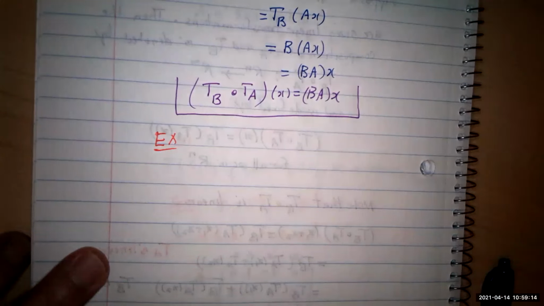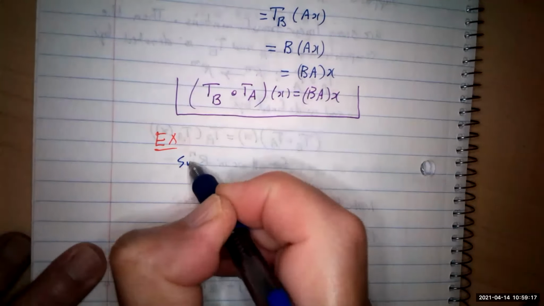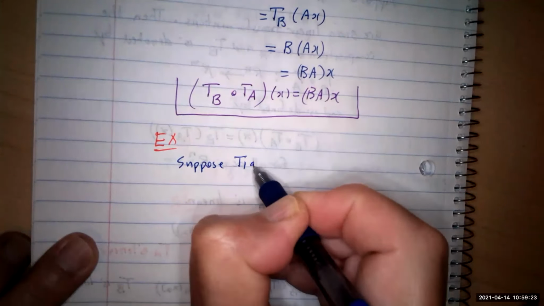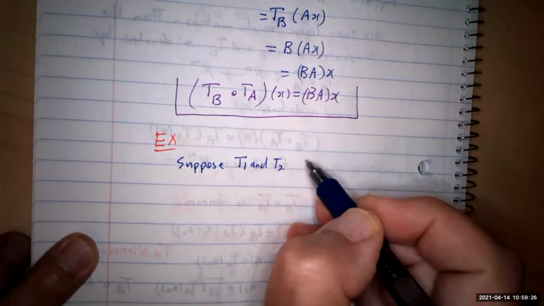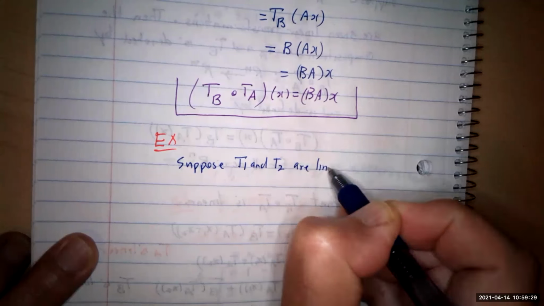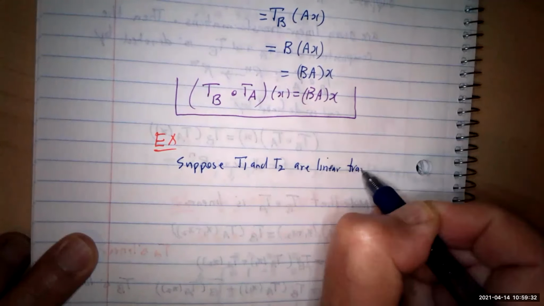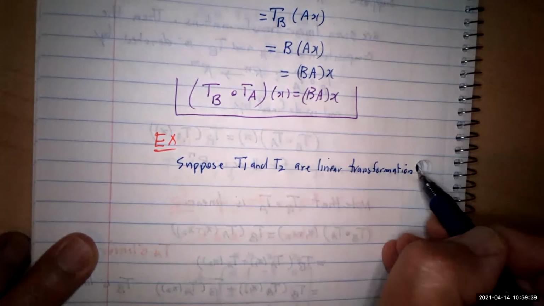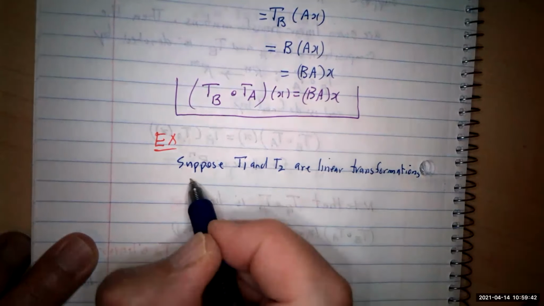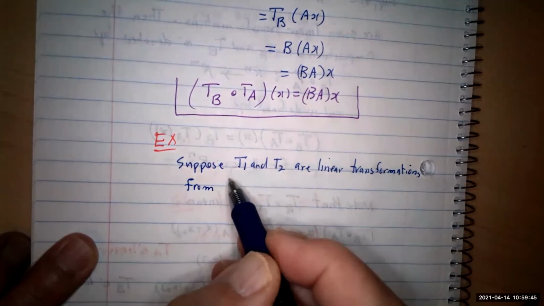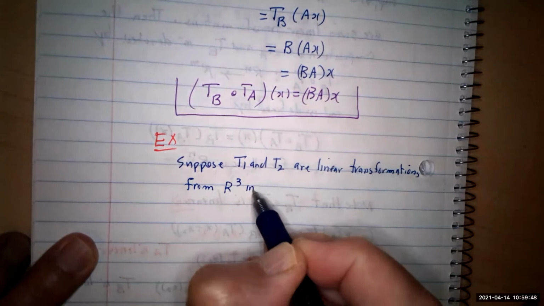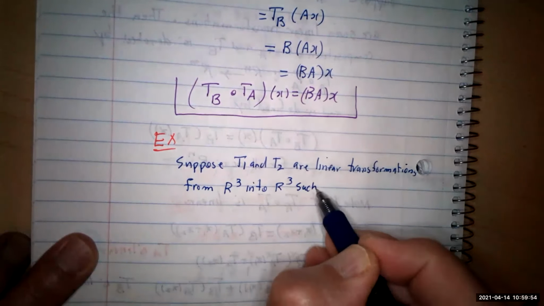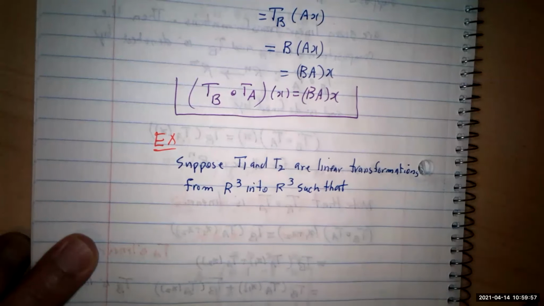Two linear transformations would be given, and they ask for their composition. Suppose T1 and T2 are linear transformations from R3 into R3, such that this is going to be the definition.